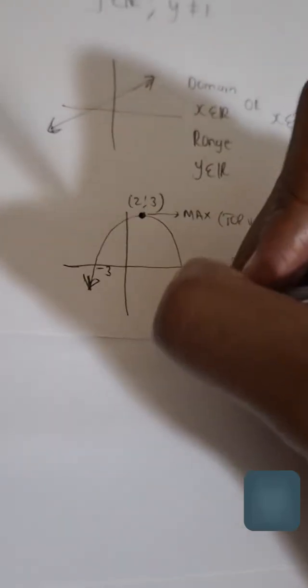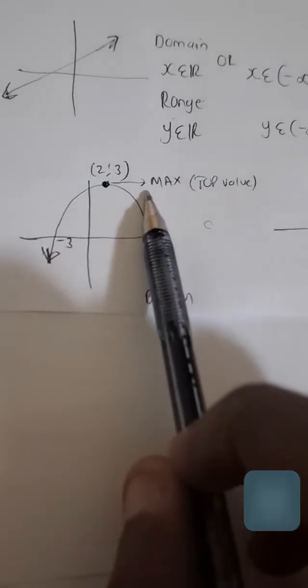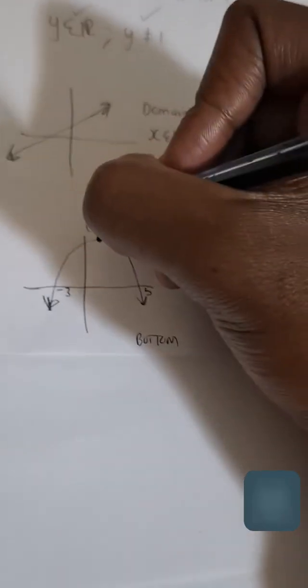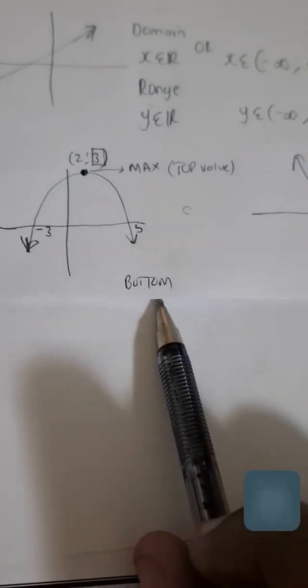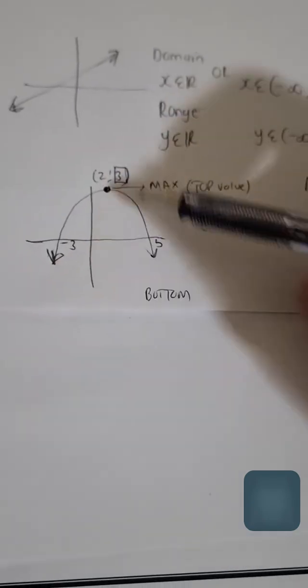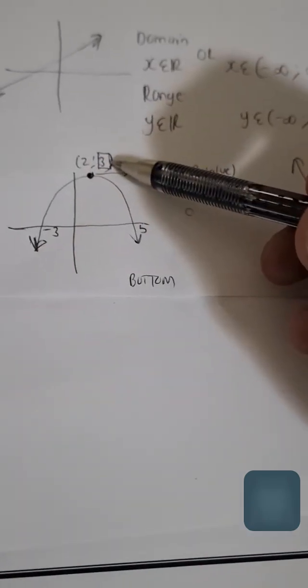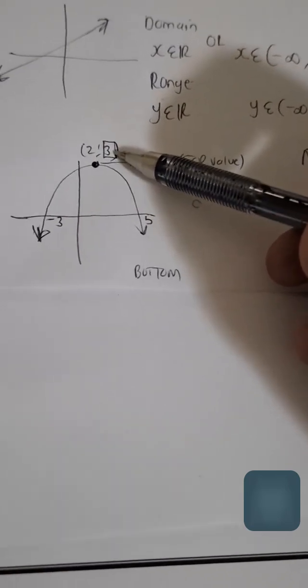It means we are coming from the bottom to the top. My question is, where is the top? For range, we are looking at y values. That is the y value at the top. And what is at the bottom? Negative infinity. So we are coming from the bottom, which is negative infinity, all the way to the y value 3.